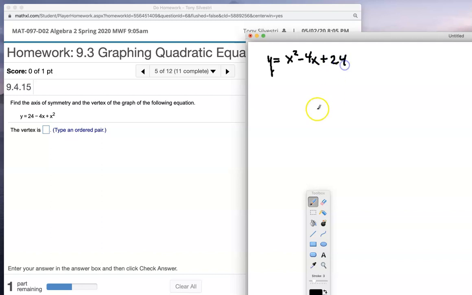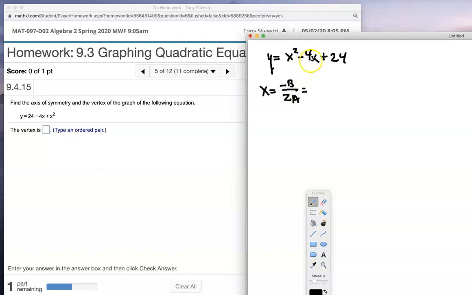They want you to find the vertex. We can do that. The vertex occurs at x equals negative b over 2a. What is b? B is negative 4. That's b.